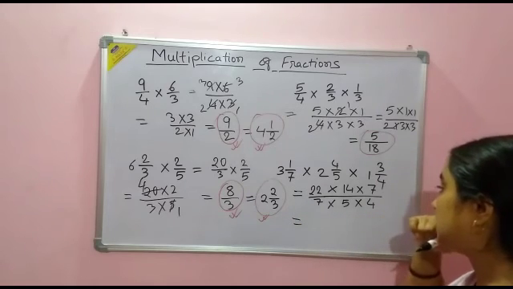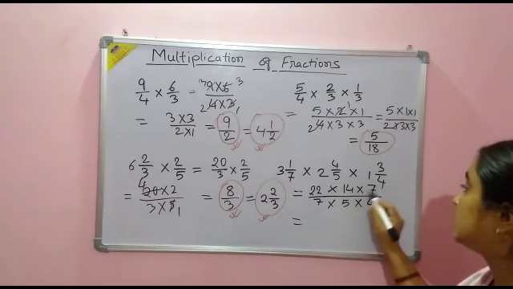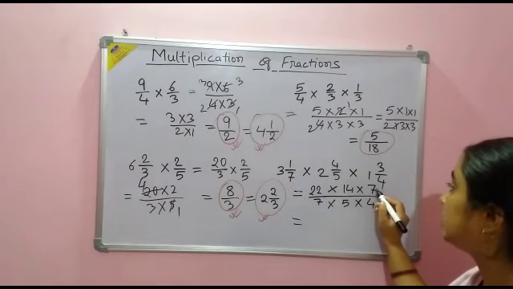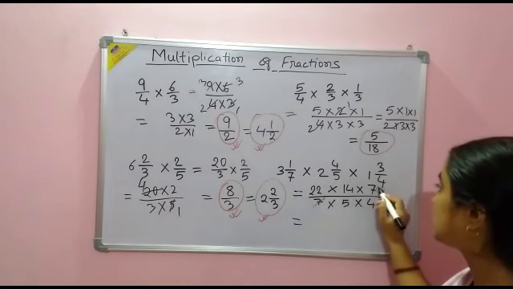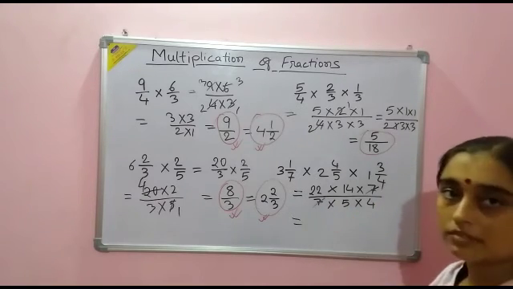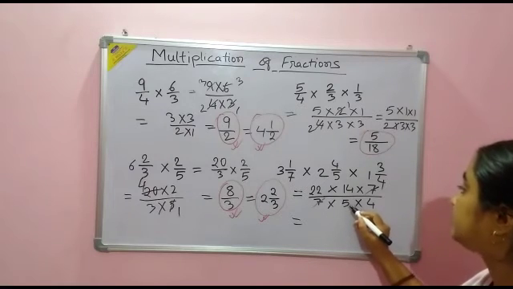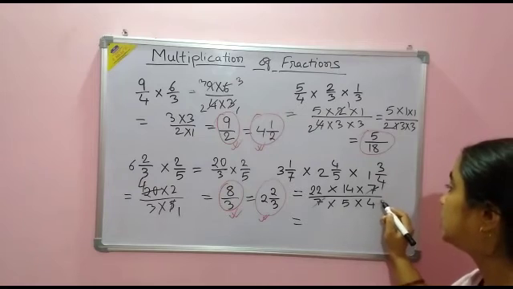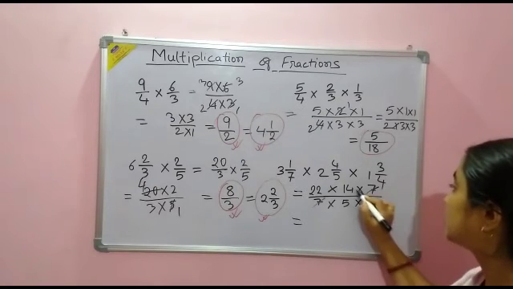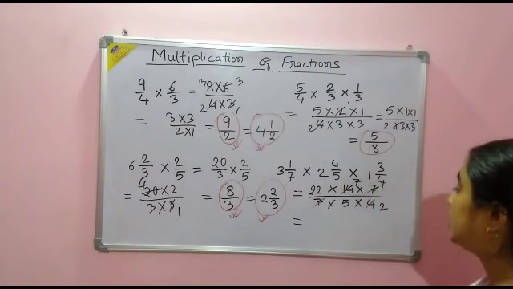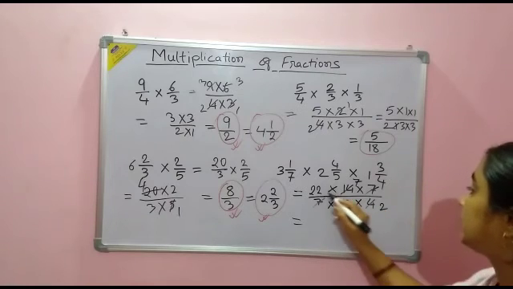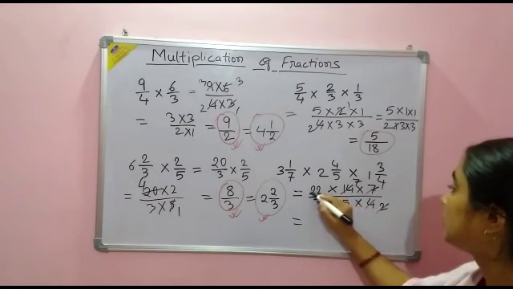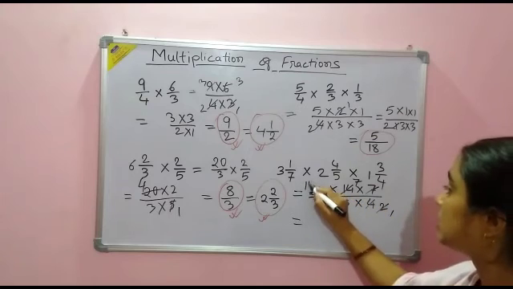Now see if any cancellation is possible or not. See we have 7 here, 7 in the numerator also and in the denominator also. So 7 ones are 7, 7 ones are 7, they get cancelled. Then see 4 and 14. These two are divisible by 2. 2 2s are 4 and 2 7s are 14. Then this 2 can divide this 22 also. 2 1s are 2 and 2 11s are 22.